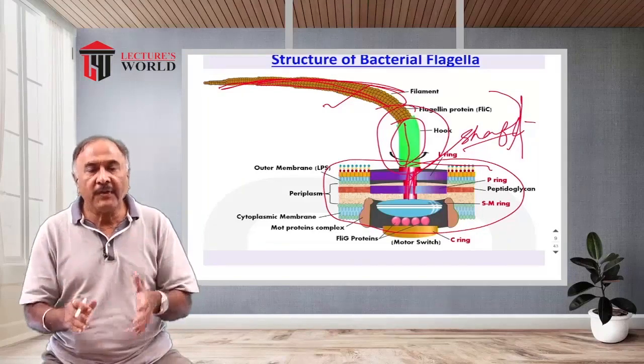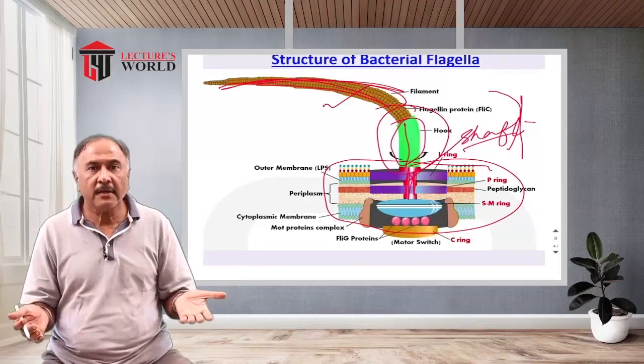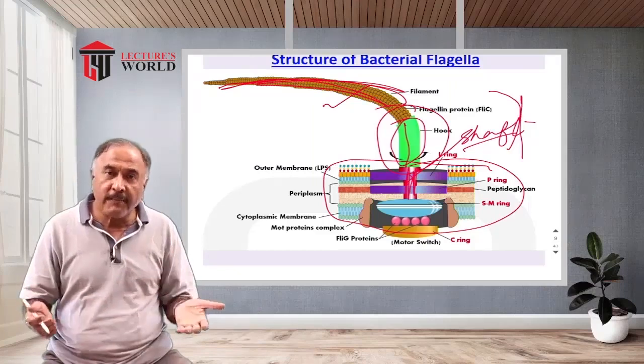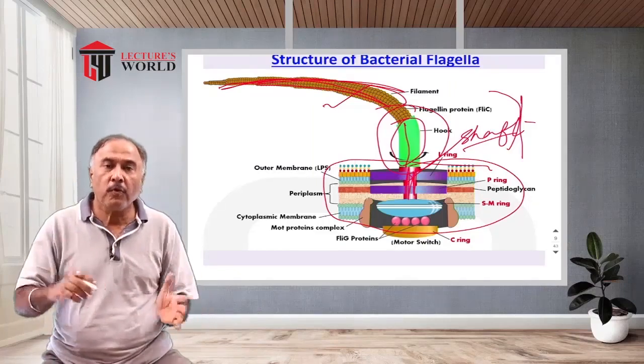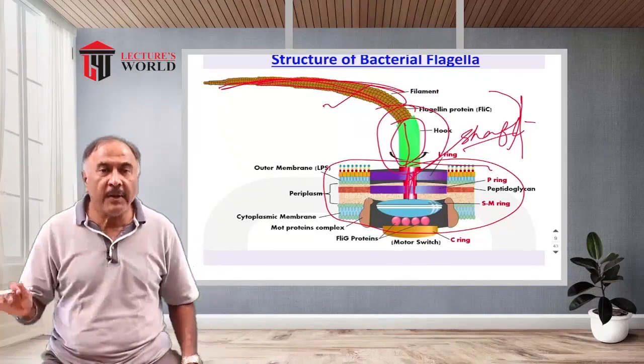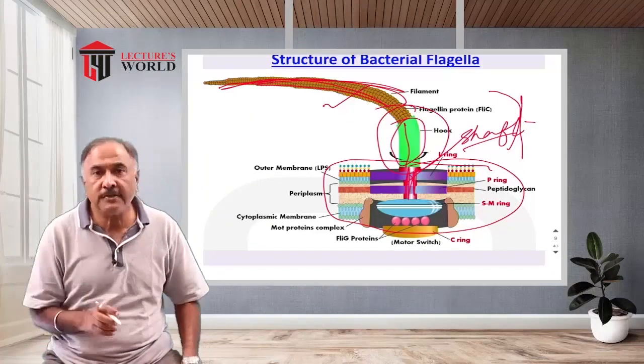Now, the movement of the cells can be attributed to various things. For example, photosynthetic bacteria move towards the area where the light is in a greater proportion, and this movement is known as phototactic movement.